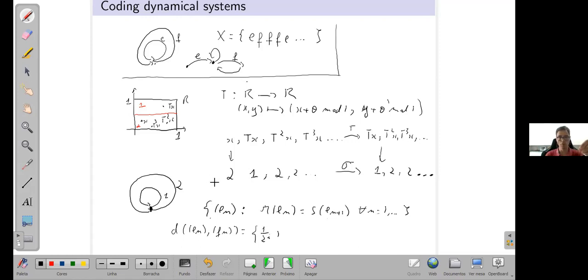You go comparing the infinite sequences, and there's a first entry where they are different; that's the i you're looking for. So Ej is equal to Fj for j less than i, and then Ei is different from Fi. Just giving the product topology settles the Cantor set, right? So here's the metric.